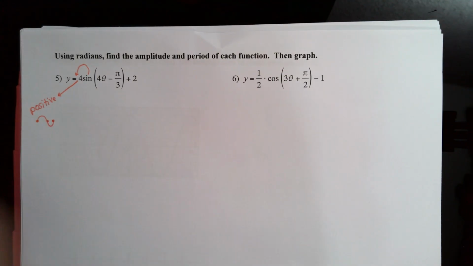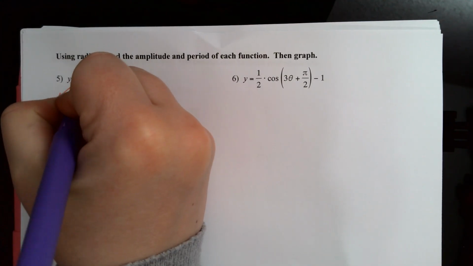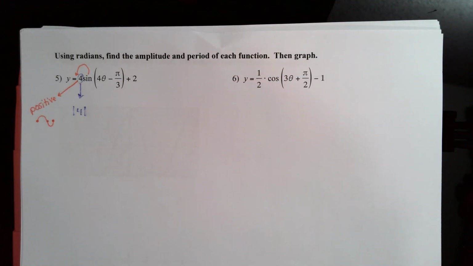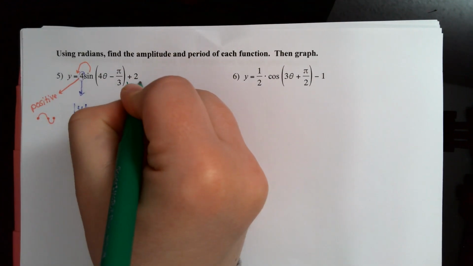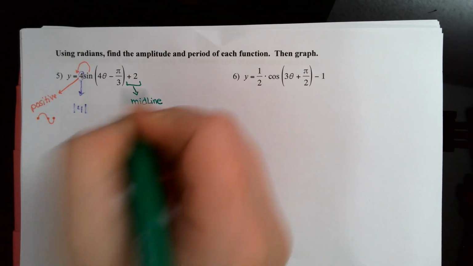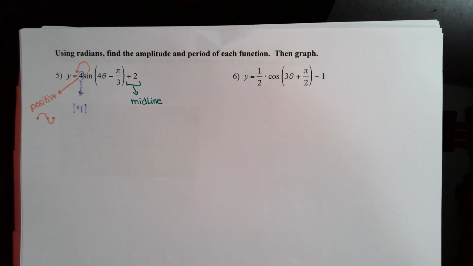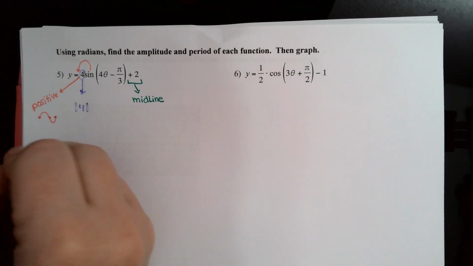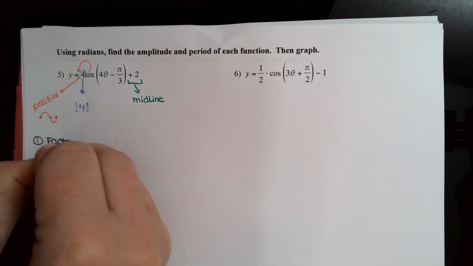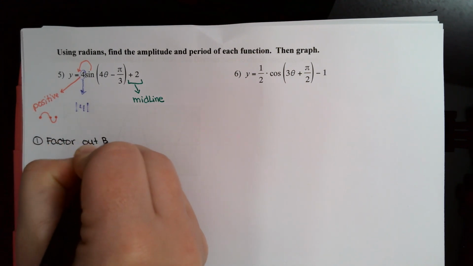Next, we're going to identify our amplitude. Our amplitude is going to be the absolute value of our A value. And then at the very end, we have our midline. And that's going to be our K value. Now here in the middle, we want to factor out our B value.